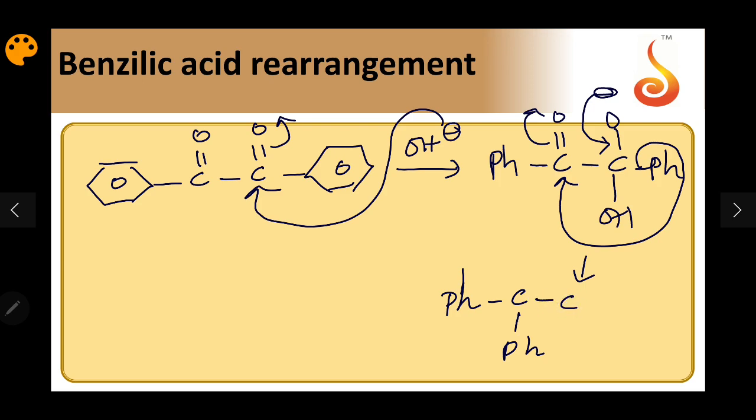This will become OH finally, this is double bond O and OH. So you get a carboxylic acid by this. So it is a method of preparation of even carboxylic acid. The carboxylate ion, on acidification, gives carboxylic acids. That is called benzilic acid in this case.